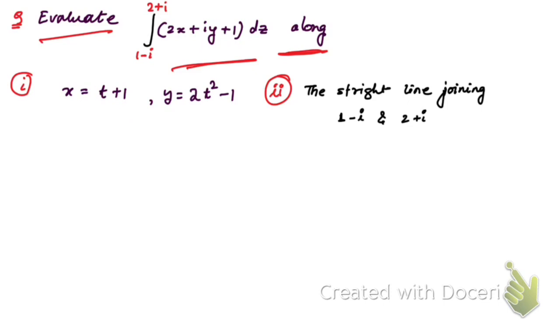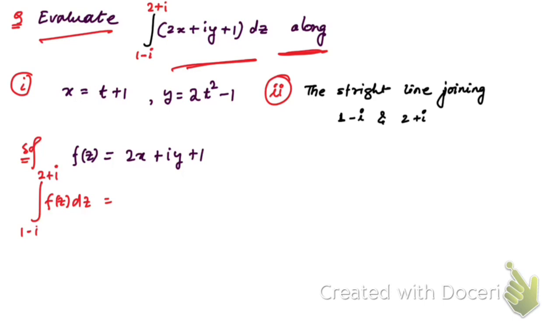So first let me write the given function here, f(z). Here f(z), the function is this one, right? 2x plus iy plus 1, right? And we are to evaluate the integration of f(z) dz from 1 minus i to 2 plus i.